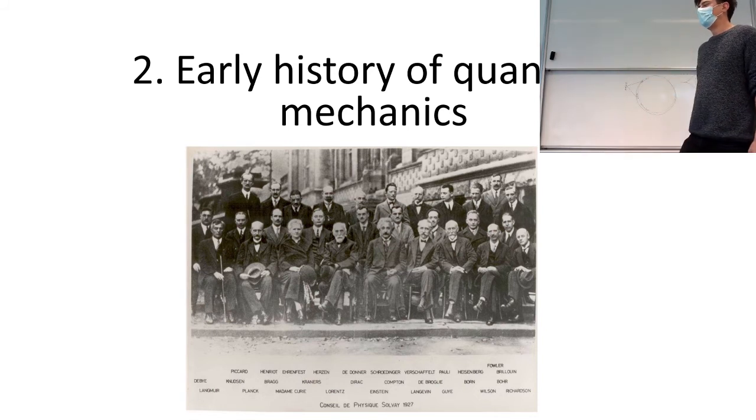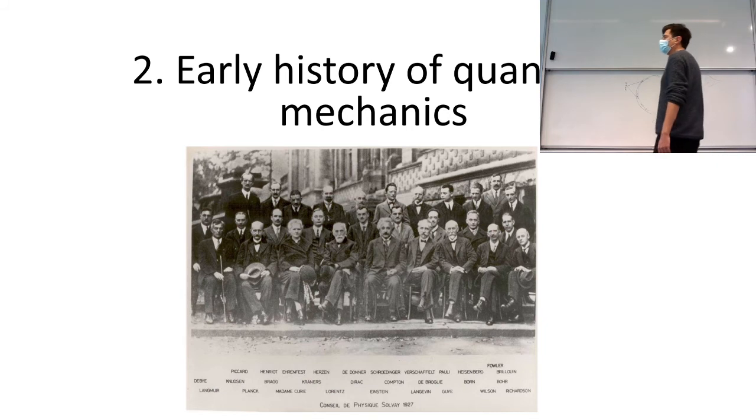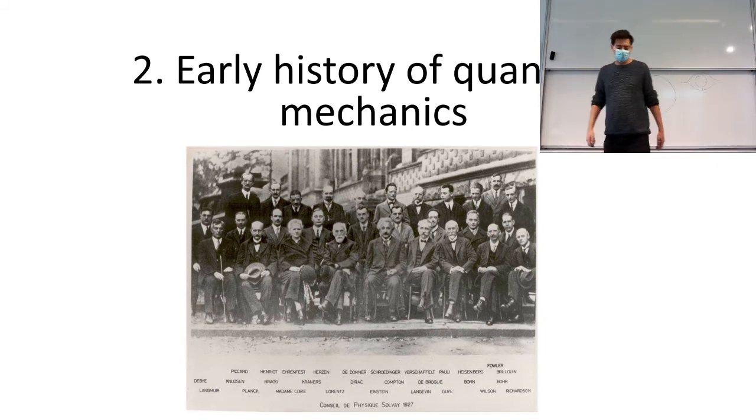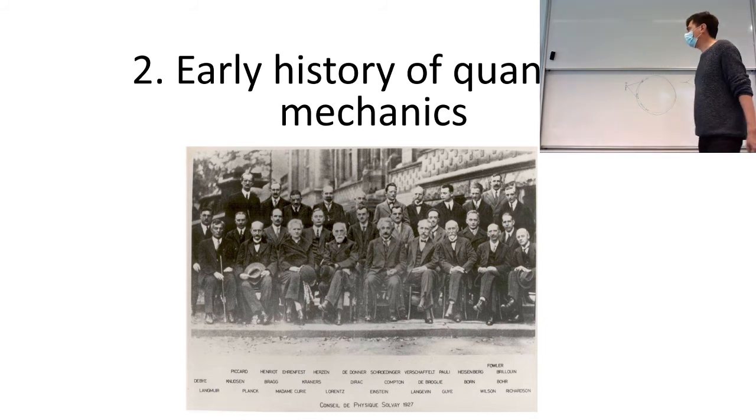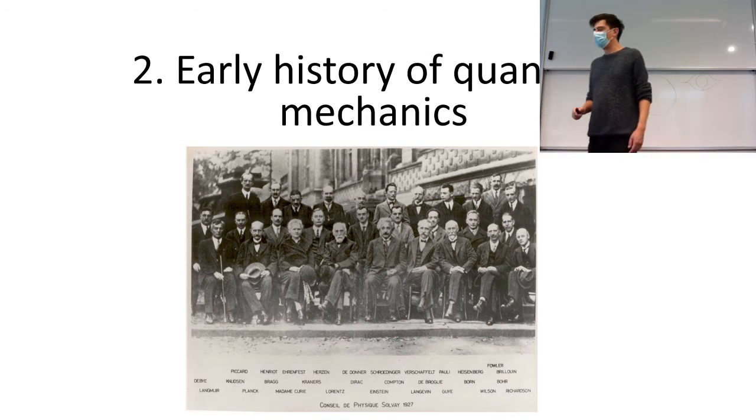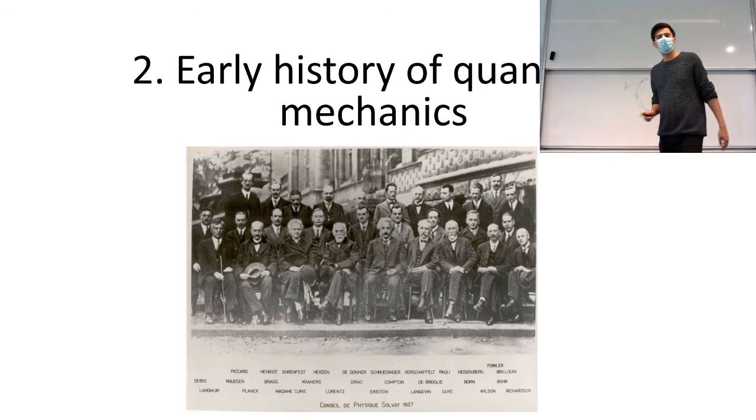You talk about how quantum mechanics came into being, and why we need quantum mechanics, and so forth. Actually, the way I'll describe quantum mechanics is not really going to follow this early history idea.